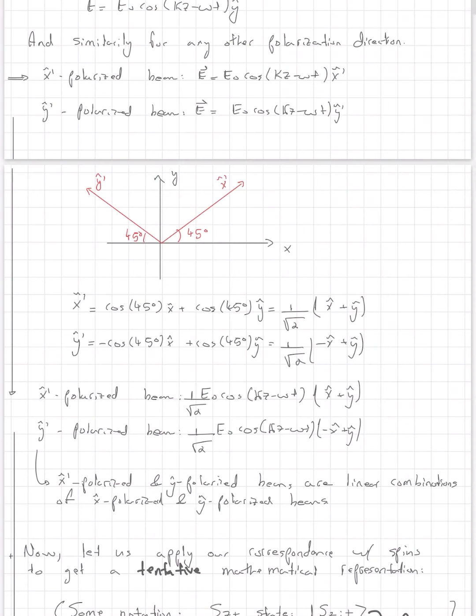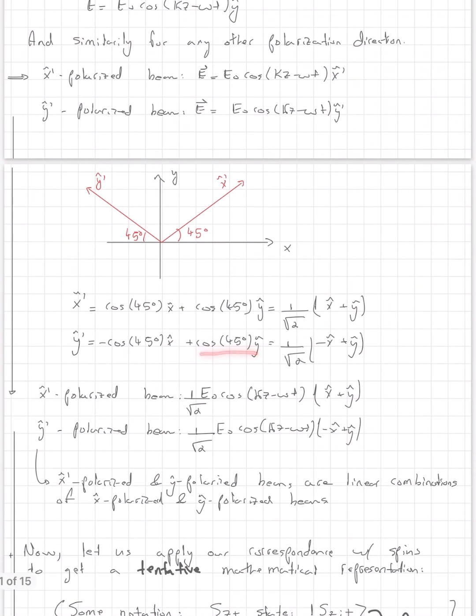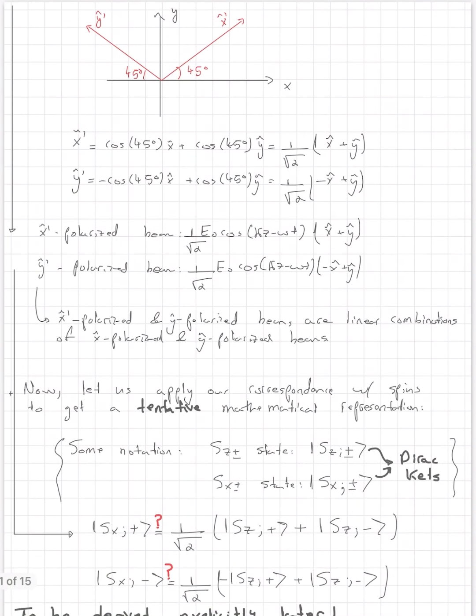And similarly for y prime, it gives us minus cos of 45 degrees times x plus cos of 45 degrees times y, which gives us 1 over square root of 2 times minus x plus y. So therefore, we can define a polarized beam by making the substitution of what we defined x prime and y prime to be over here in terms of x and y. And therefore, we can see that x prime polarized light and y prime polarized light beams are linear combinations of x polarized and y polarized.